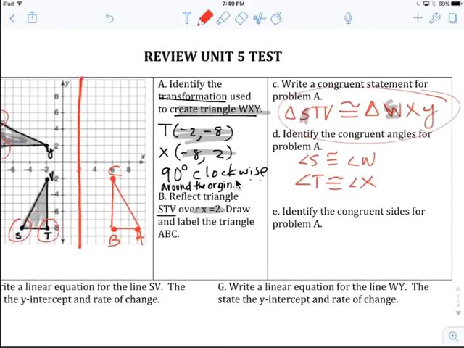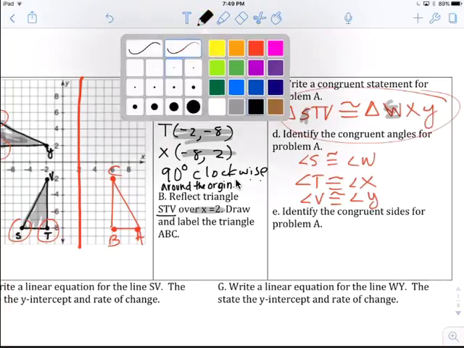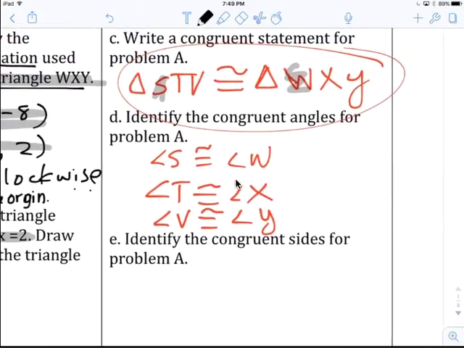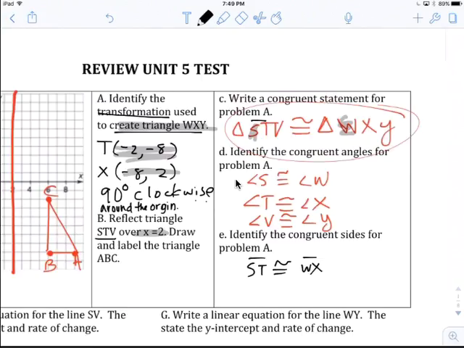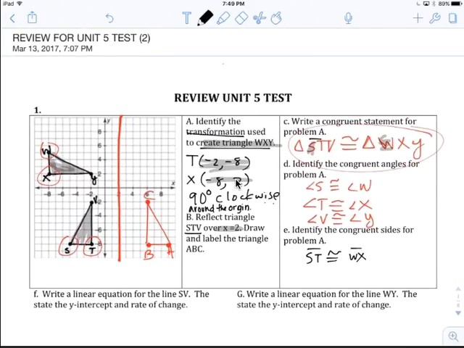Angle V is congruent to angle Y. Identify congruent sides. Okay. Line segment ST is congruent to line segment WX. Let's check. ST, WX. Yep.